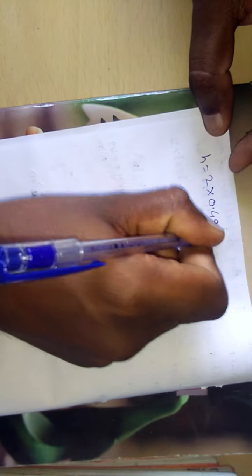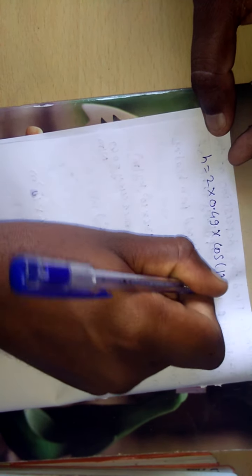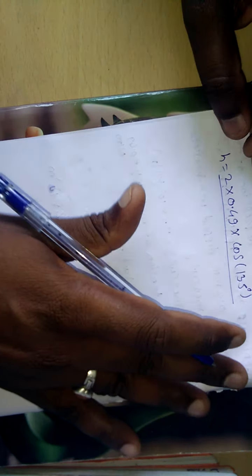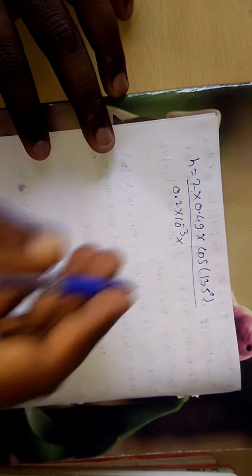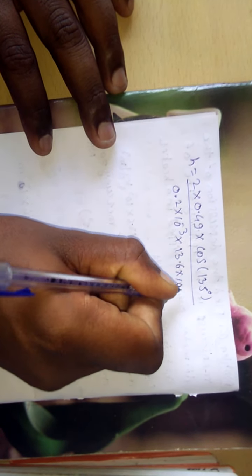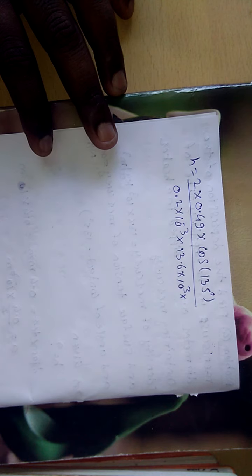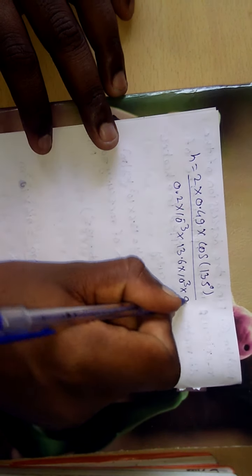Then substituting all those values, we get H is equal to 2 into S, 0.49, into cos 135 degree, divided by A, 0.2 into 10 to the power of minus 3, into rho, 13.6 into 10 to the power of 3, into g, 9.8.